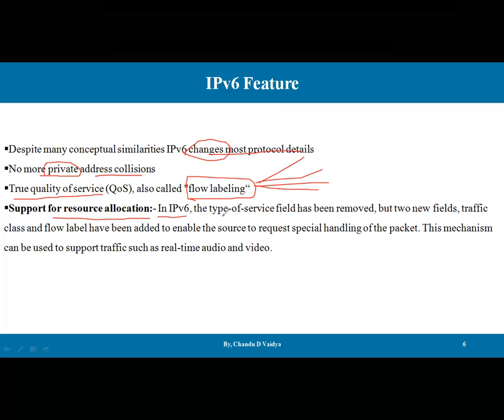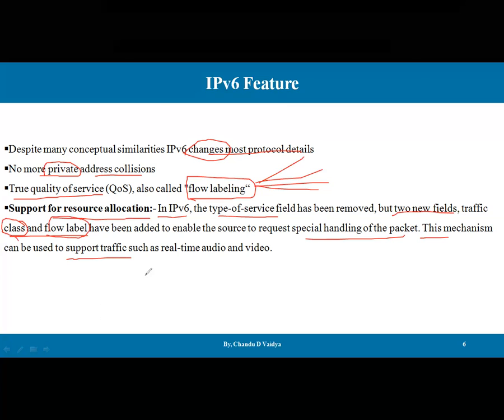In IPv6, the type of service field has been removed, but two new fields have been added, traffic class and flow label, to enable the source to request special handling of packets. This mechanism can be used to support traffic such as real-time audio and video. With traffic class, precedence or priority can be added to any kind of application, and flow label is a faster routing mechanism.